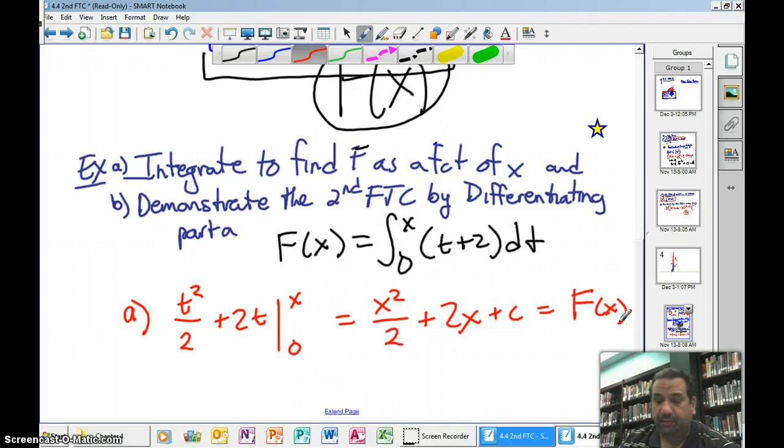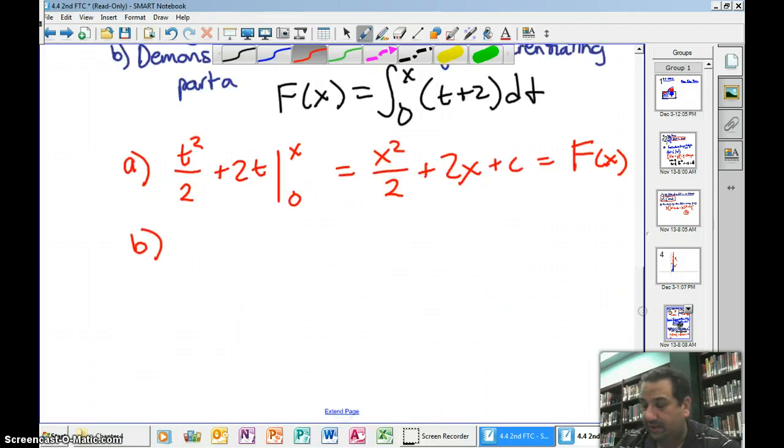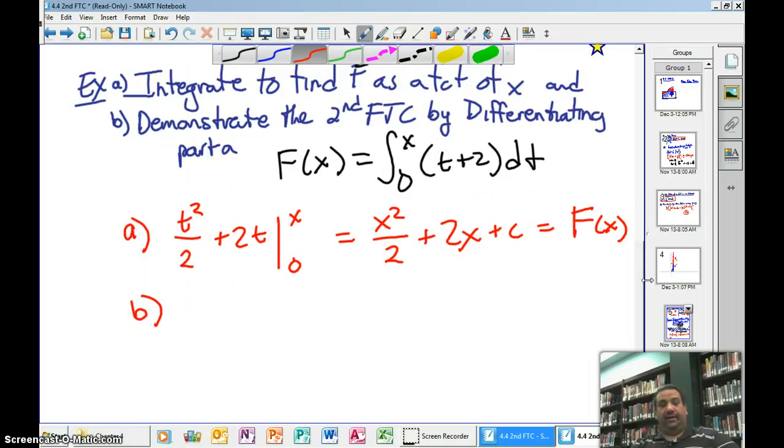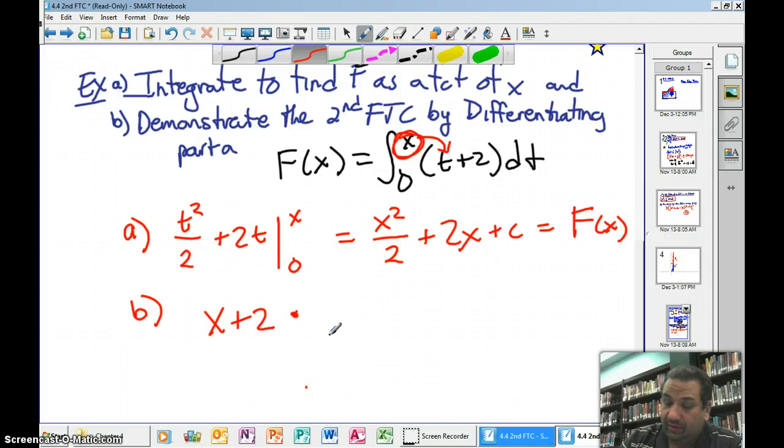Now, that's part A. Part B says use the second fundamental theorem of calculus. And here it is, folks. We're going to take x and replace it in there, so we get x plus 2. Then we multiply it by the derivative of that top one, d/dx of x, which is just 1.